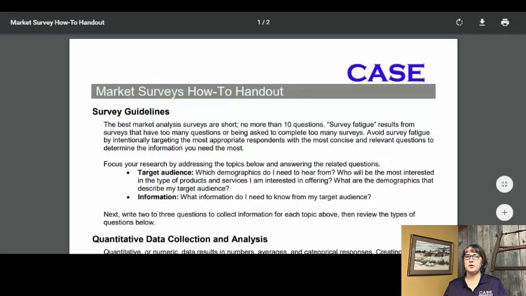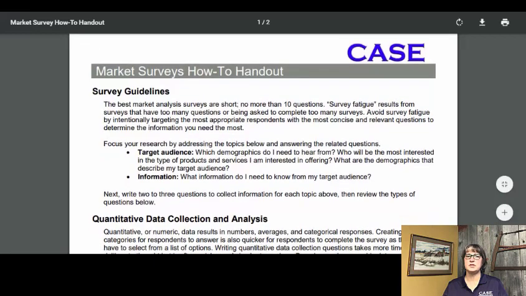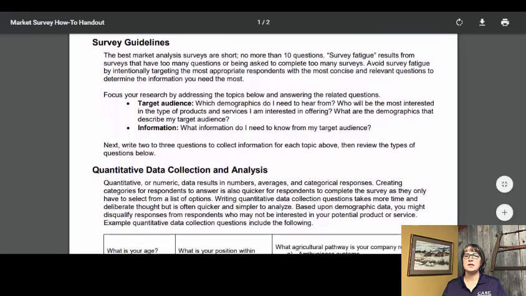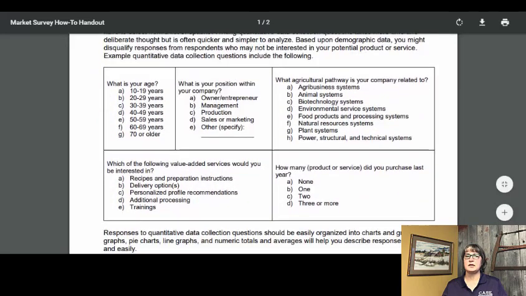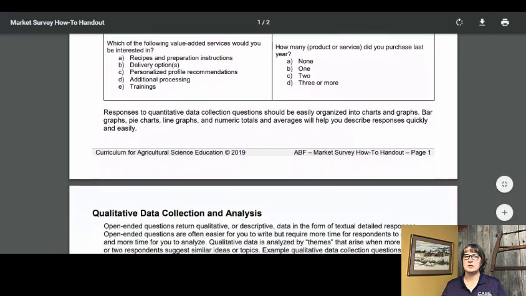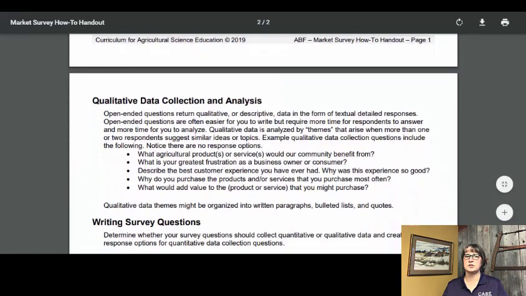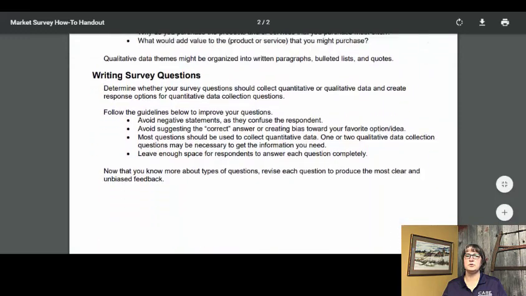They often prefer to write questions aimed at gathering qualitative data, but it's important for students to understand that although qualitative questions may seem easier to write, the data collected can be more challenging to analyze. The opposite is true for quantitative questions, as they may require more planning and effort for students to write, but the data collected can often more easily be interpreted.